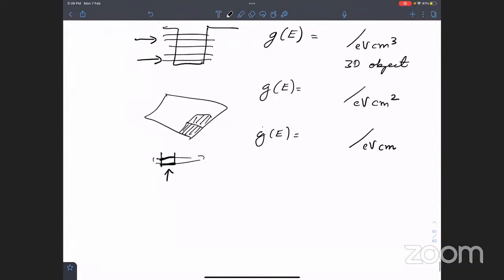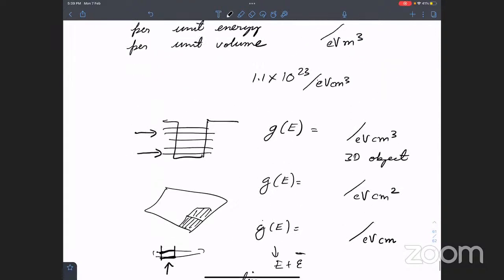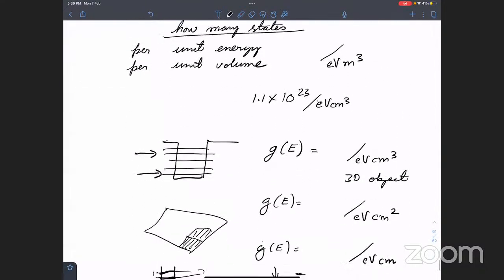So it is basically the limit of epsilon tends to 0. How many states are there between E minus epsilon and E plus epsilon? So that is why it has to be a function of E. It should not be a function of epsilon, because we take the limit to 0. Okay, so that is the idea of what density of states is.